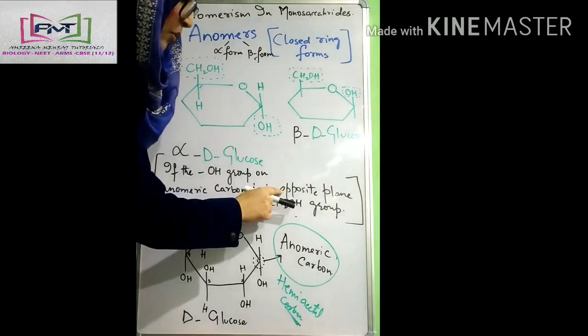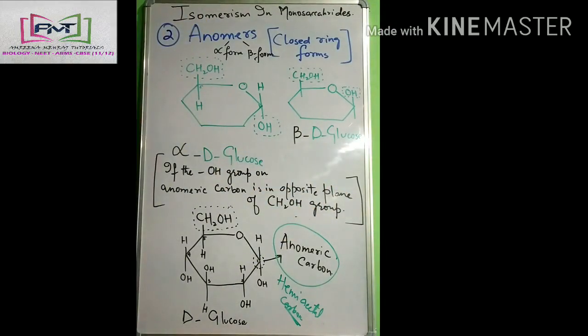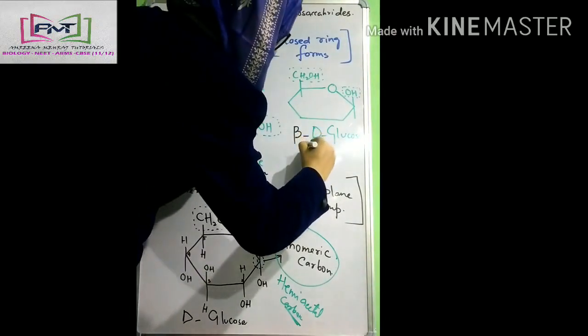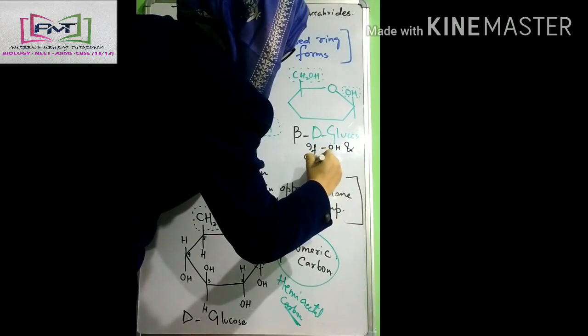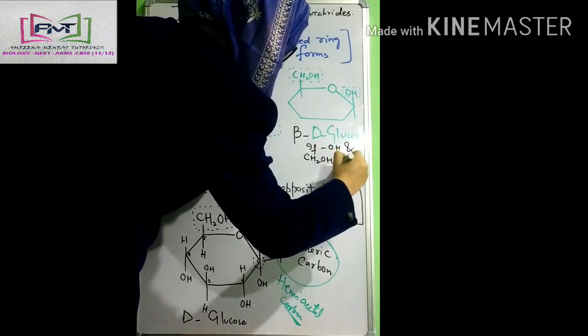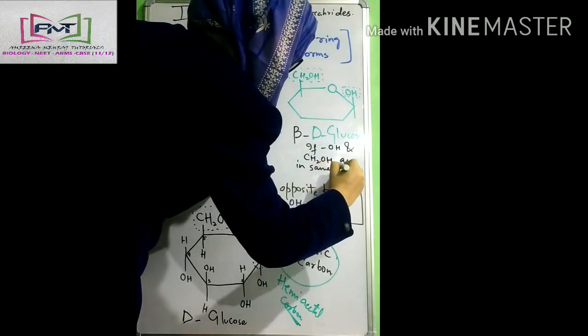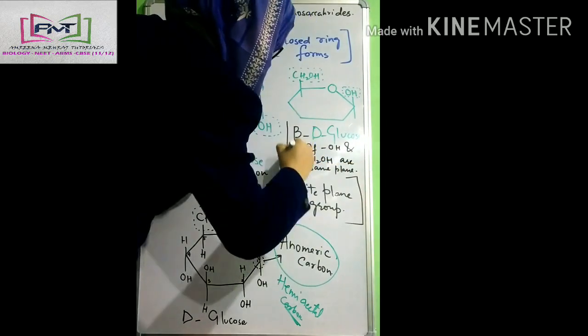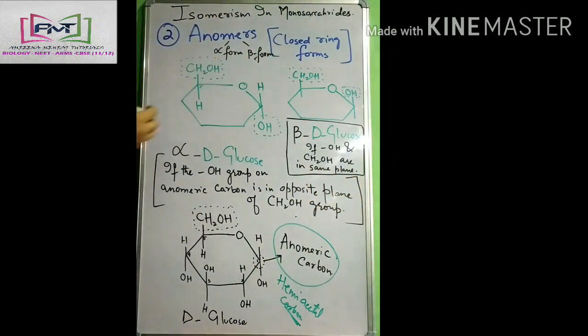If it is in the opposite plane of CH2OH, then it is alpha. If OH and CH2OH are in the same plane, then it's a beta D-glucose. So you came to know about anomers.